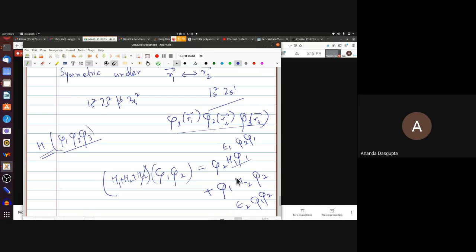If there are interaction terms, this will never be an eigenfunction of the full Hamiltonian. However, what you are saying is exactly right. This is an approximate wave function under the situation where you can ignore the correction terms. Ignore the interaction terms, which usually is a very bad approximation, by the way.